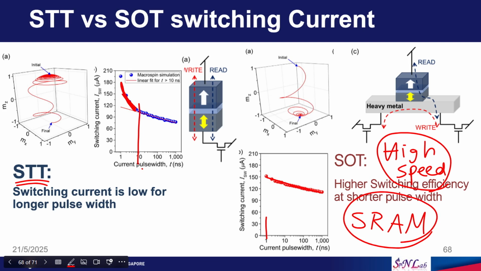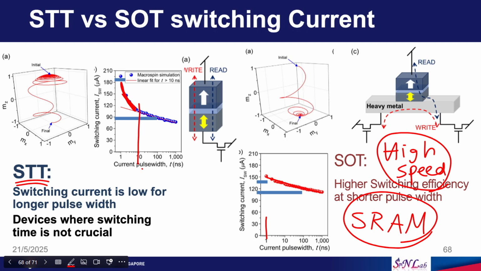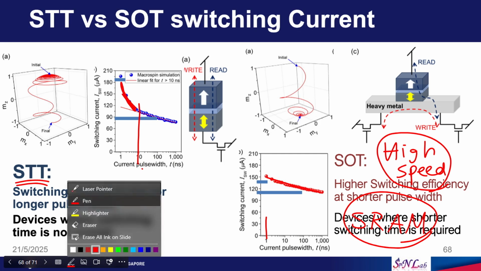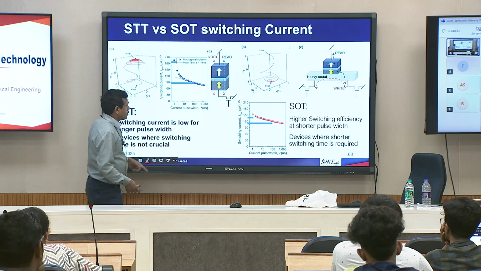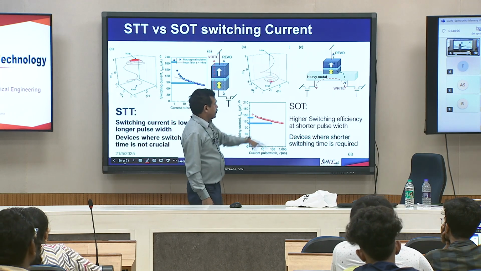So, people are thinking of replacing SRAM with SOT MRAM. If you are not worried about the speed, you can use STT, but for applications like SRAM where your speed is very important, you can use SOT.